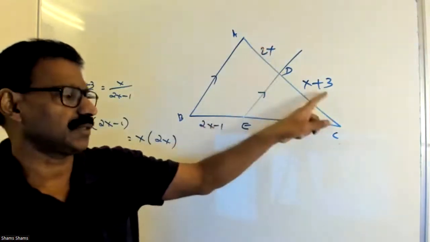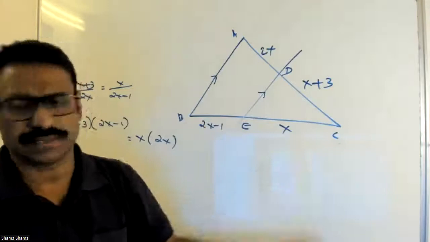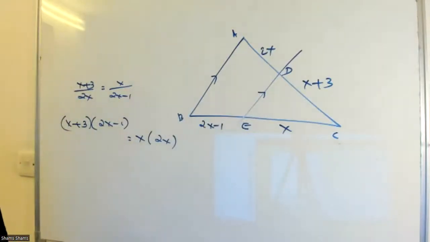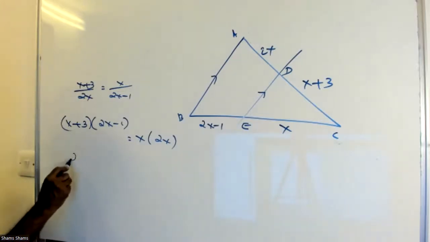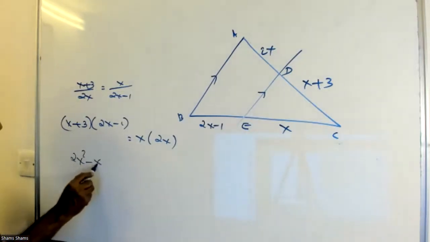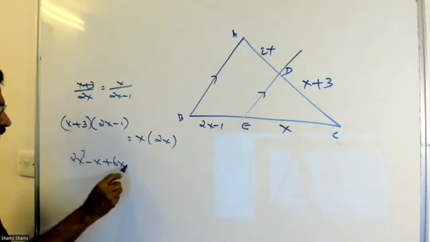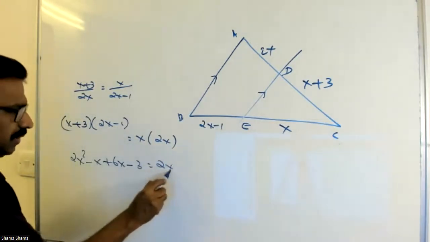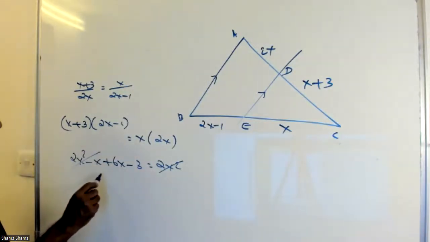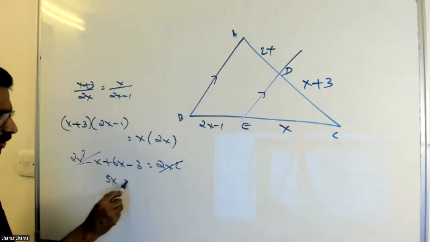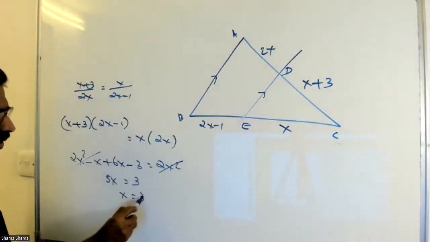If you write 2x by x plus 3 equals x plus 1 by x, both are the same. Okay, Sada Ahmad, that is wrong. Okay, cross multiply: 2x square minus x plus 6x minus 3 equals 2x square, right? 2x square cancels on both sides. So then 5x equals 3, x equals 3 by 5.